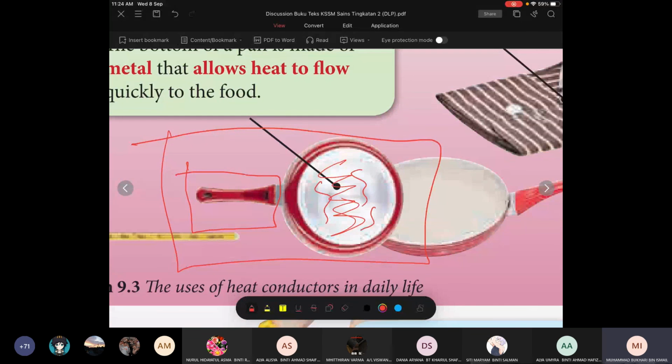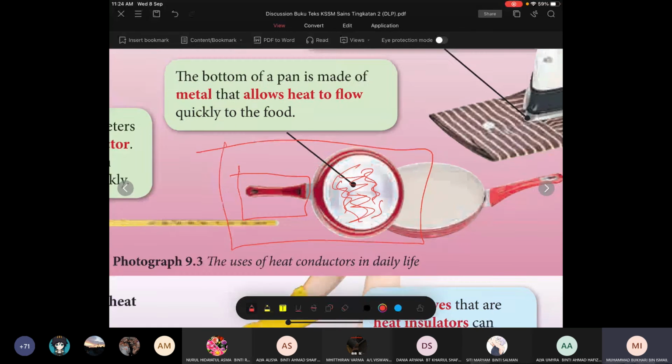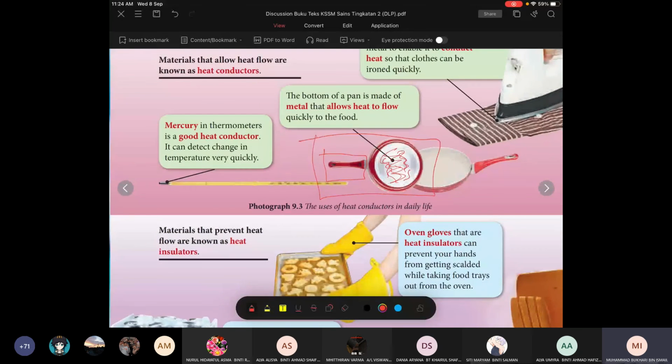This means that heat from the flame will be transferred efficiently through the bottom of the pan. So while having this situation, we can cook the food, and we can hold the holder of the pan to move it. Good. So that is one example of application of conduction of heat.